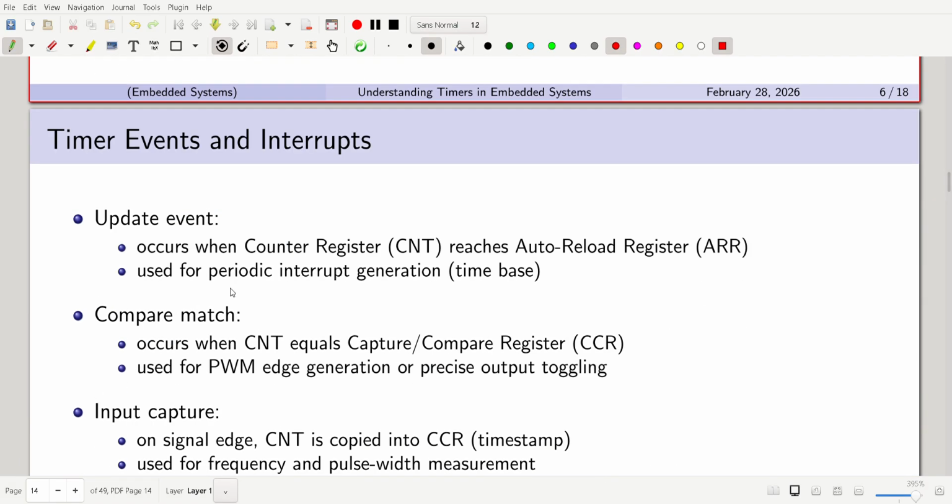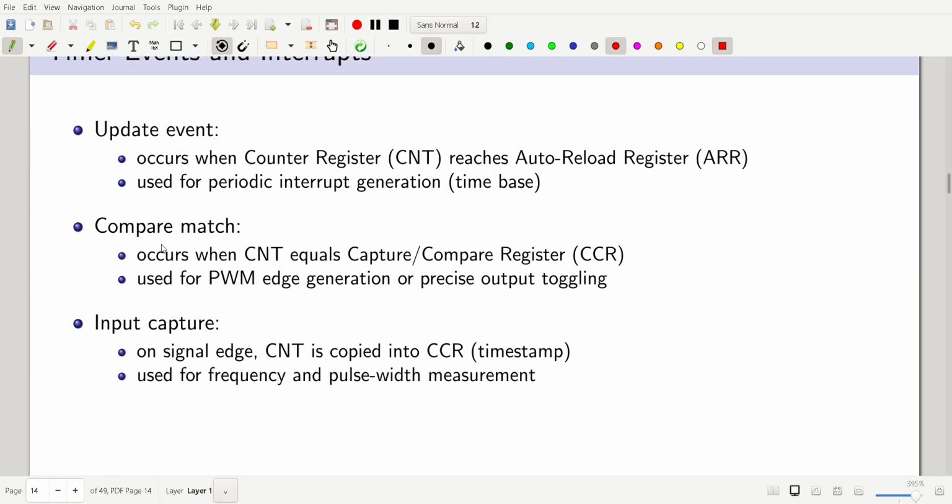Now timer events and interrupts: input capture on a single edge. CNT is copied into CCR as a time stamp and used for frequency and pulse width measurement.